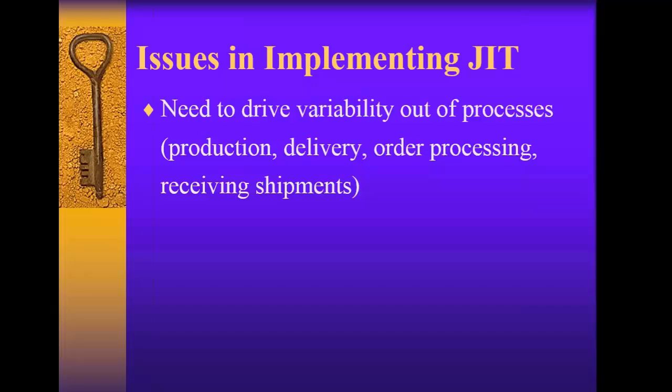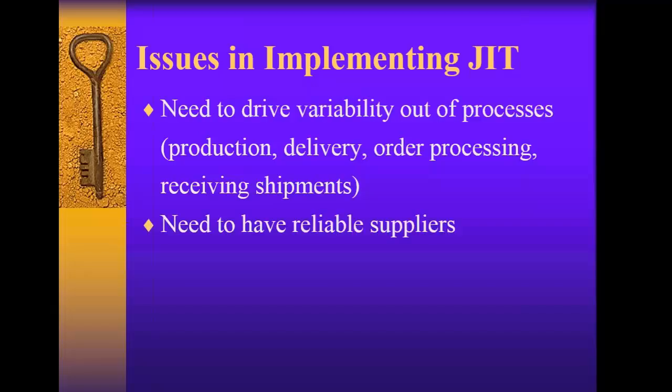But to the extent that we're able to drive out the variability, this is what we need to do. And the way we do this is by creating a very trusting and committed relationship with our vendors. It doesn't work if we are in an adversarial position with our vendors.